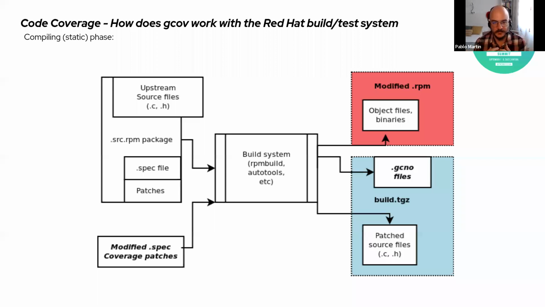So it is the static information that is retrieved on build. And then another product is the patched source files. These files are also needed in the report because the report will show line by line each of the source files and which lines were hit and which weren't.